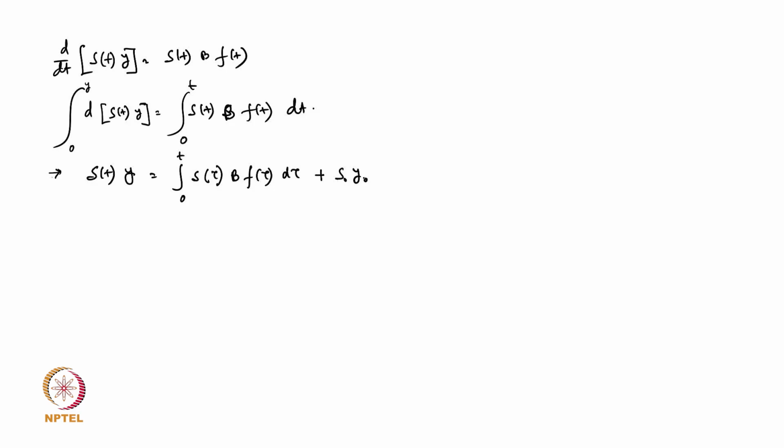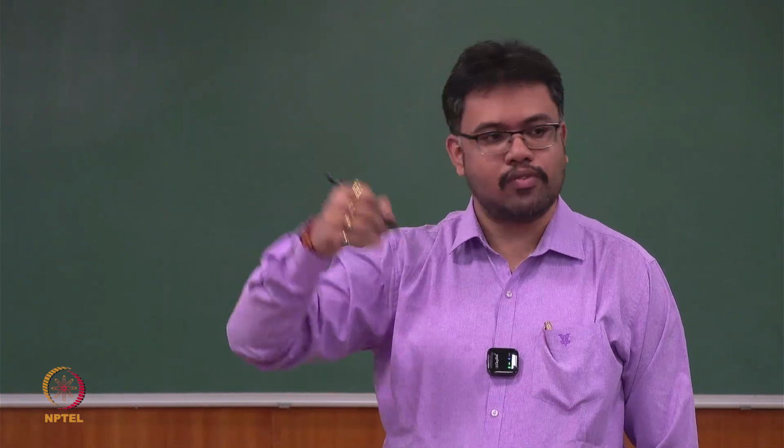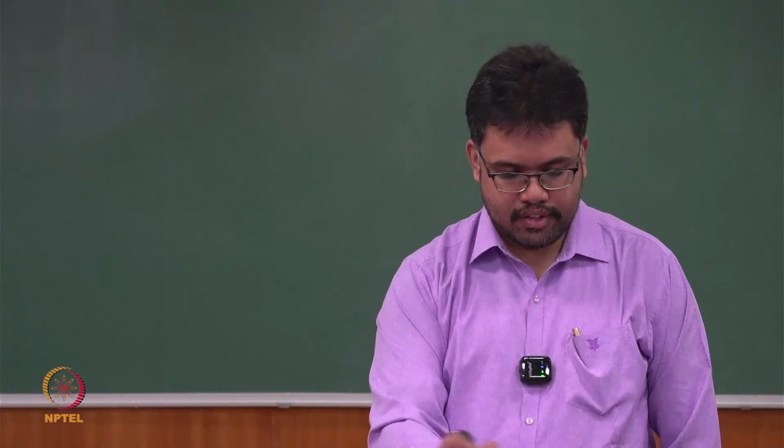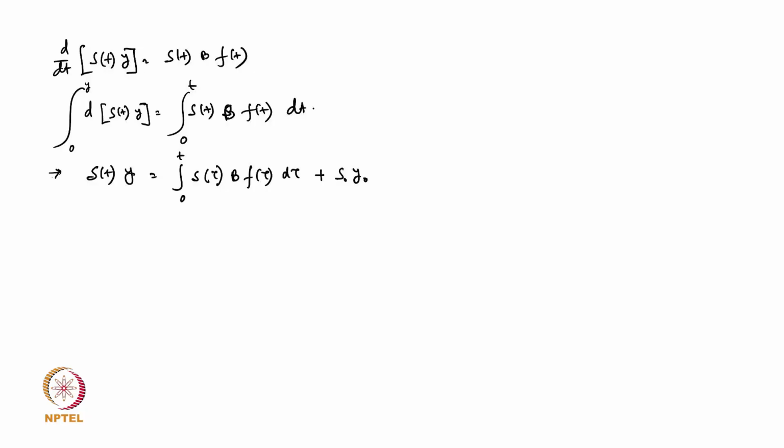At S0 it was S0, and at t equal to 0 it will be y0. So that portion will go to that side, and we will be left with this. And we also know that S of t is equal to S0 e to the power of minus At.